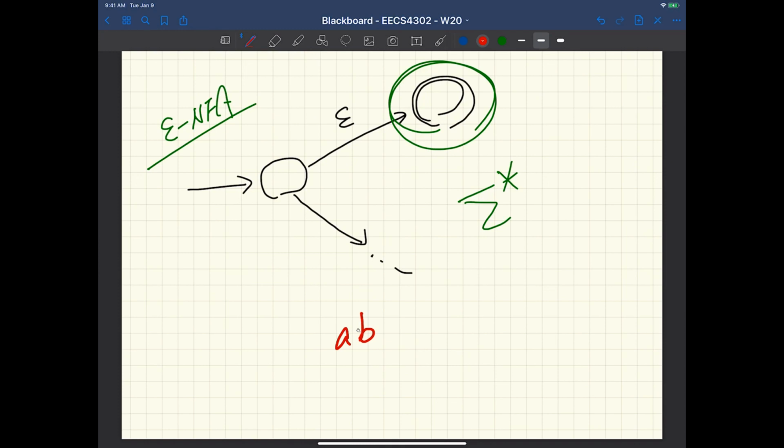If you think about it, the initial state can either be here or it can be here. When it is here, can you take A? You cannot take A, so you get stuck. So the resulting set will just be empty. When you are over here, can you take A? You also cannot take A. So you also get empty.